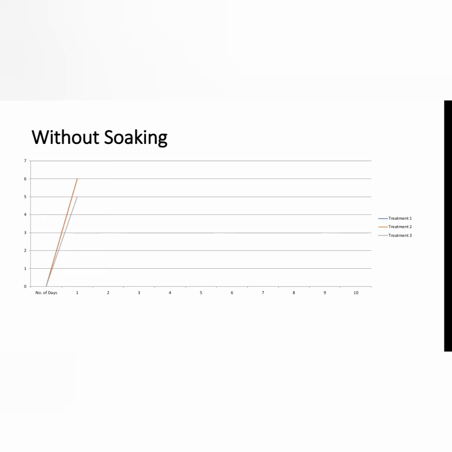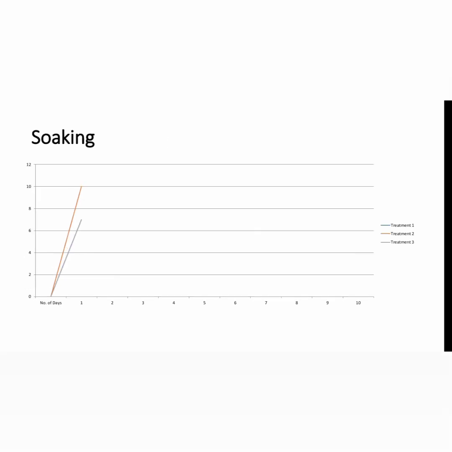So there is a 1 day difference. Unlike soaking, there's quite a big difference. If you soak the seed, it really needs 3 more days, so it has 7 days. Treatment 3 will germinate in 7 days.